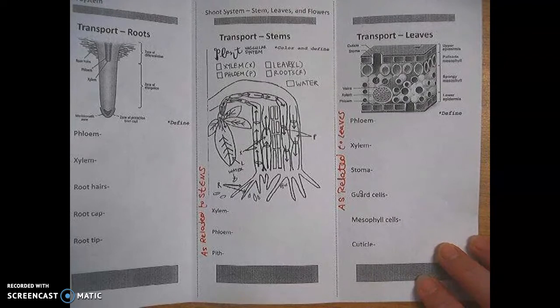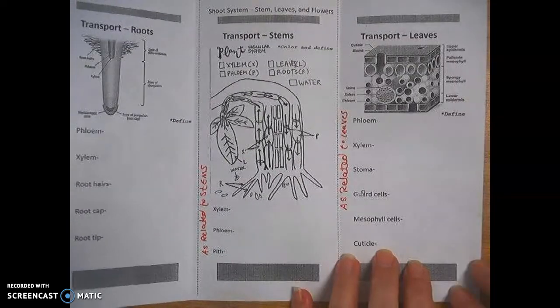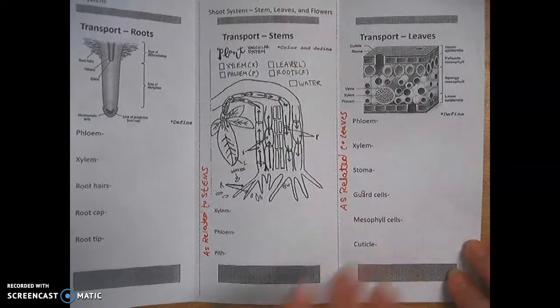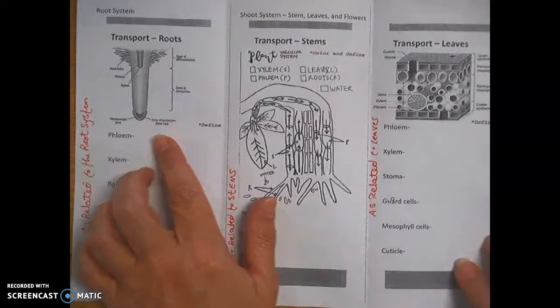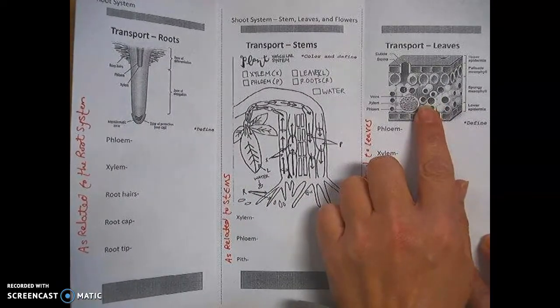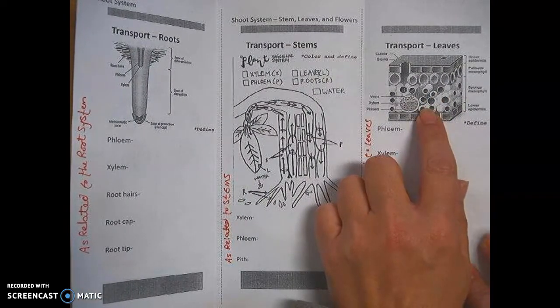They have xylem and phloem as their vascular system, moving the water up to the leaves, and the minerals also up to the leaves from the root system. The leaves are where they need that water to conduct photosynthesis, so make their energy.